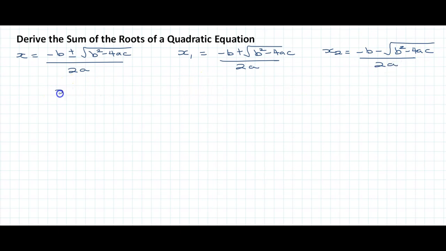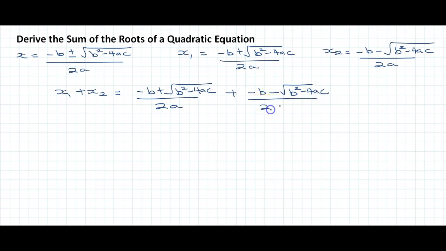So now x1 plus x2 is going to be equal to negative b plus square root of b squared minus 4ac over 2a plus negative b minus the square root of b squared minus 4ac over 2a.